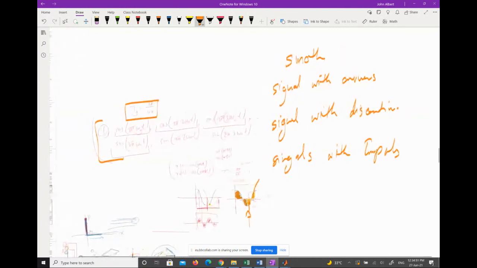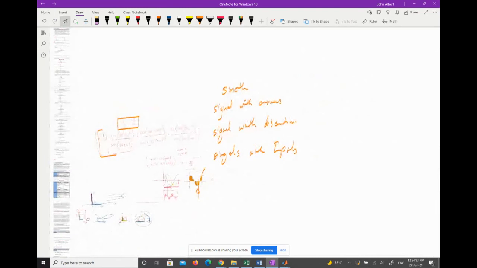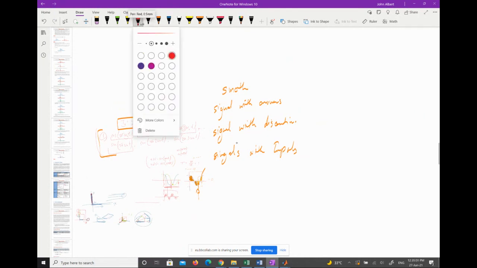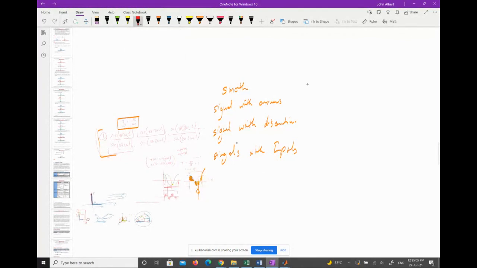Signals that are smooth, it depends on the complexity of the signal itself, but you might need, for example, 3 sinusoids at different frequencies to represent it. Signals with corners, you might need 7 or 8 or 9 or 10 to represent it accurately.